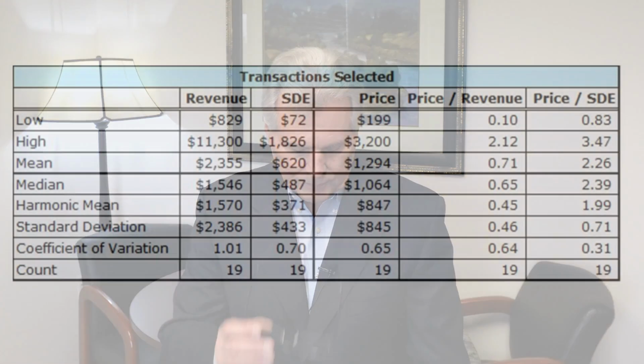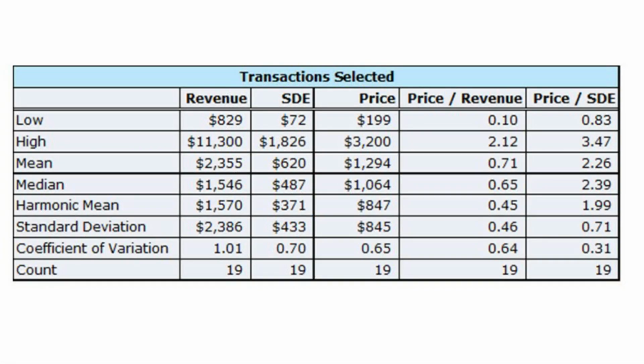And if you can find that, you can run a pretty solid statistical analysis of what the market has been paying for those companies. So let's take a look at a valuation that I ran just a couple months ago, and we'll use that data set for an analysis. As you can see, there were 19 data points that I was able to gather on this valuation, and the mean price to revenue was 0.65, and the price to SDE in this case was 3.9.